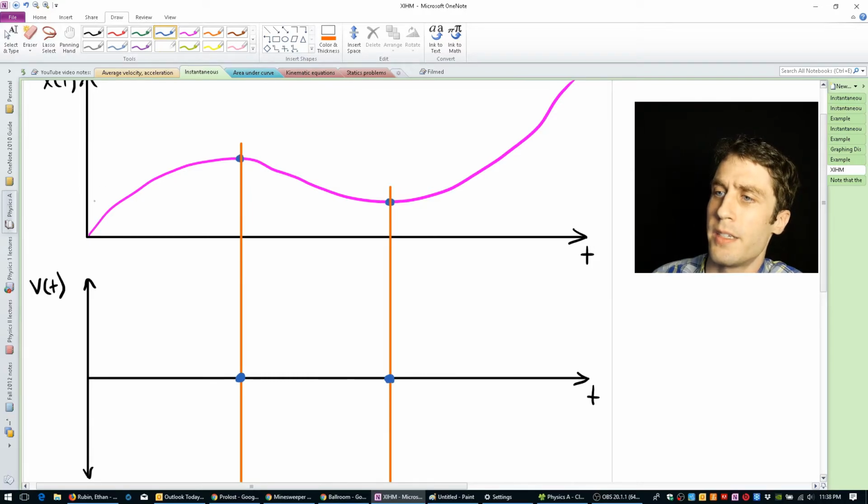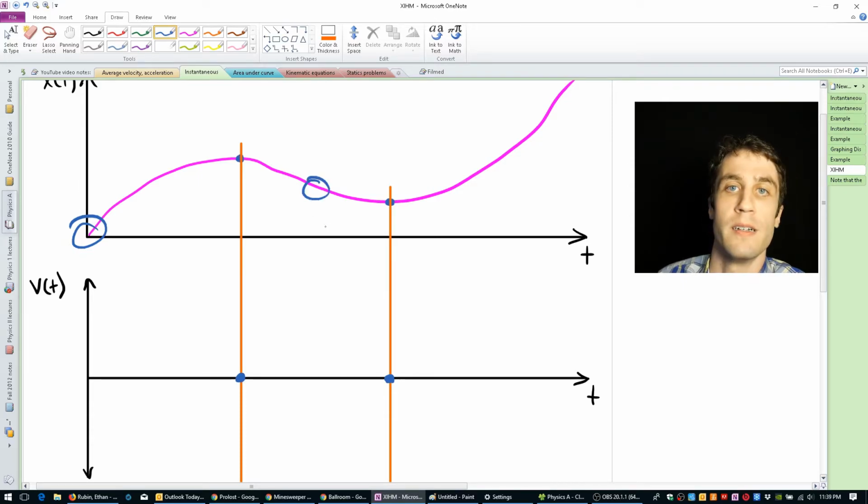The other thing that I want you to do is identify times when the slope of the tangent line is greatest, or otherwise where the displacement is changing most rapidly. I see right at the beginning, it looks like it's changing most rapidly.